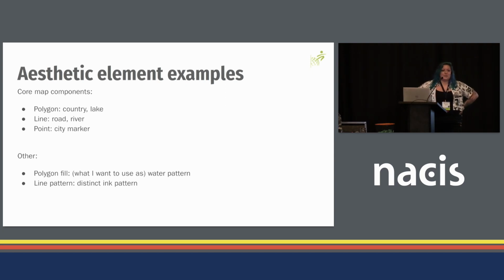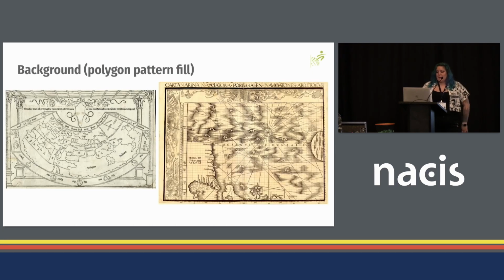Other important pieces are polygon fills. I often use patterns for polygon fills, but really it could just be color too. And line patterns: for the woodblock style, there's a very distinct ink line pattern that I had to recreate. And some visual examples, because I'm a visual person, as I'm sure many here are.